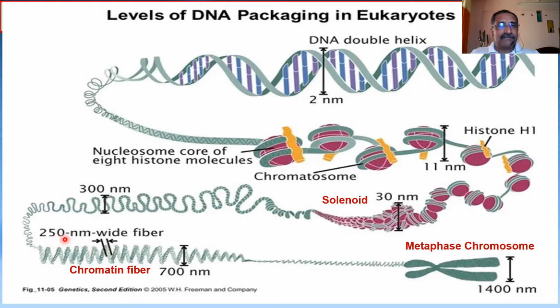Are you getting me? Are you getting it clearly? This is the thickness of the coil. This thickness is the thickness of the chromatin fiber. So this thickness is 250 nanometer only, but the thickness of coiling is 300 nanometer.